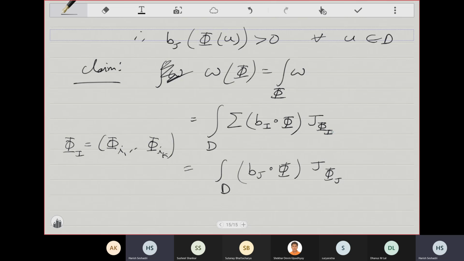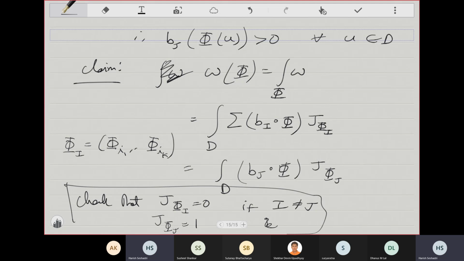I'll leave it to you to check that the Jacobian of phi I equals 0 if I is not equal to J. That is the gist of it. And if I equals J, it is 1. So these two statements have to be checked.